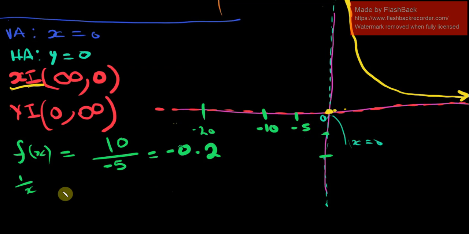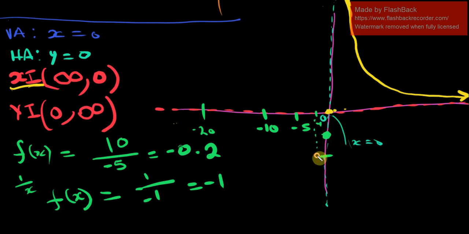Okay, let's try what y is at x equals minus 1. It will be 1 over negative 1, which gives me negative 1. So this point is there, negative 1, negative 1.